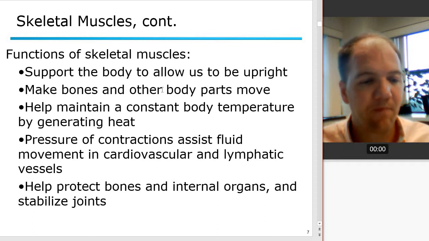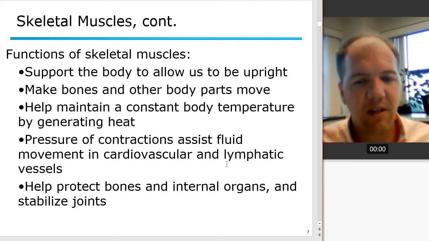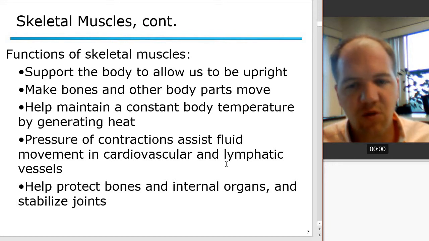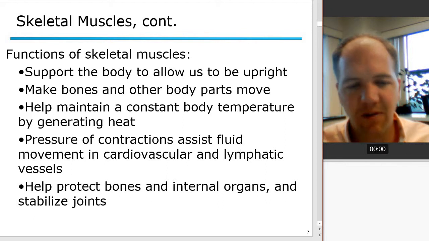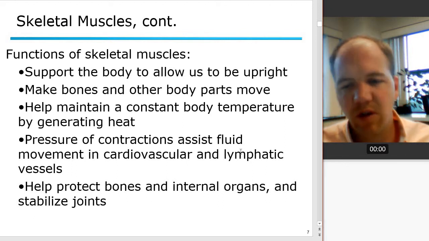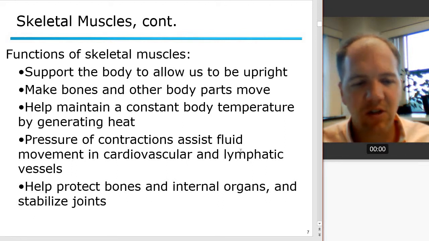Another thing that muscle cells do is that as they contract, they help move fluids around our system, particularly the veins and then the vessels of the lymphatic system. Lymphatic system you may not have heard about before. We'll talk more about that in a later section.